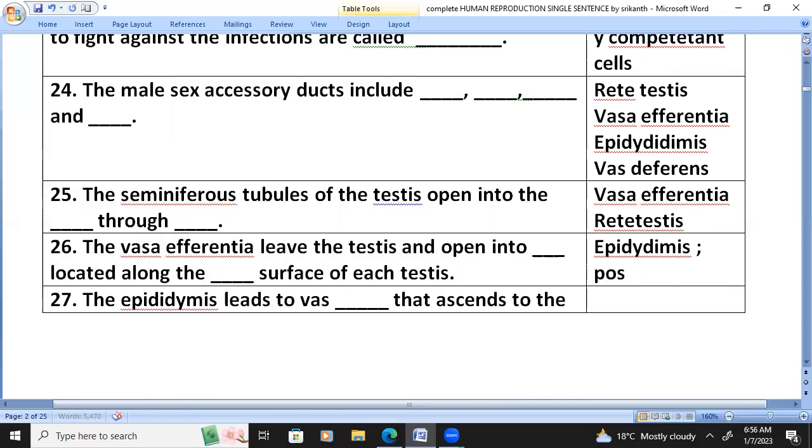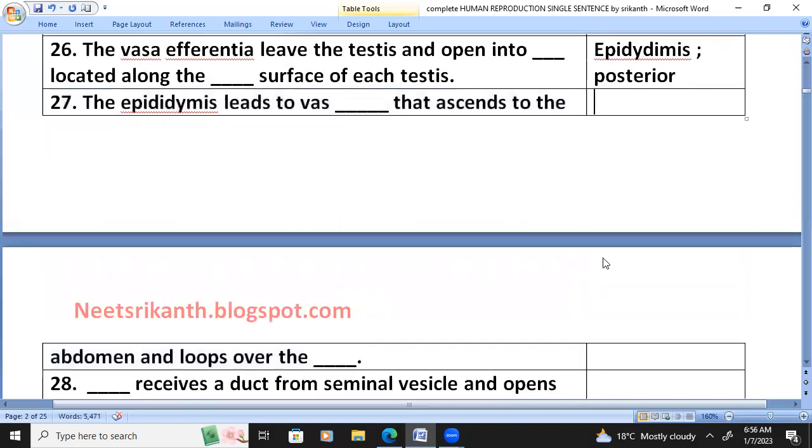Epididymis is located along the posterior surface of each testis. Epididymis leads to vas deferens, that ascends to the abdomen and loops over the urinary bladder.